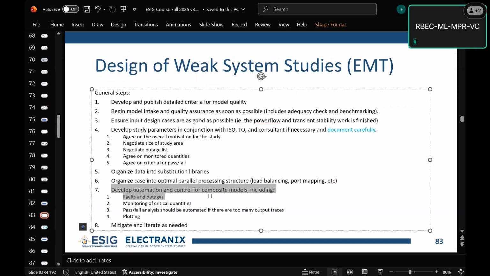You're going to develop automation and control for faults and outages, monitoring of critical quantities, pass-fail analysis, and plotting. And this is because, again, there's so much to look at. You really want to have some help from automated scripts. So most consultants doing this will be automating these studies to some extent, and then you mitigate and iterate as needed, okay?